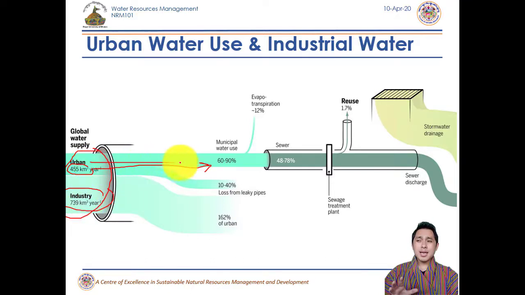And again, looking to urban water supply, those taken to cities and town, we see that from that 100%, or from that 455 cubic kilometer per year, 60 to 90% is being actually taken up for the municipal water use. That means it's actually taken for the homes, the offices, the buildings, all sorts of urban facilities that are in the urban area.